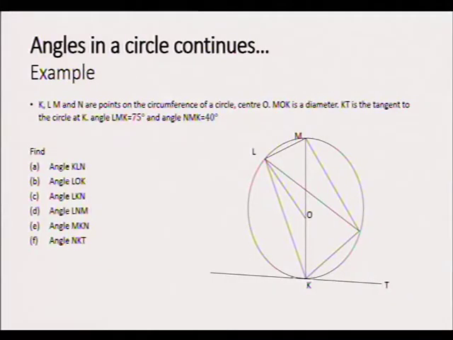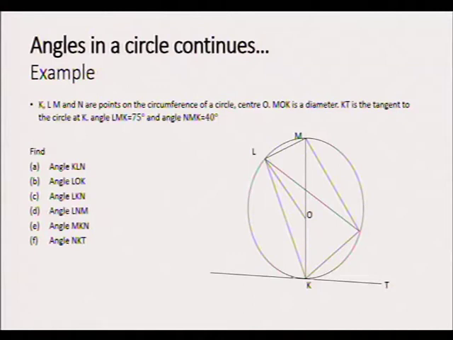K, L, and M. Here there is supposed to be an N here. I don't know, maybe it went behind. K, L, M, N are points on the circumference of a circle. The center is O. MOK is a diameter. You can see the diameter passing through the center.